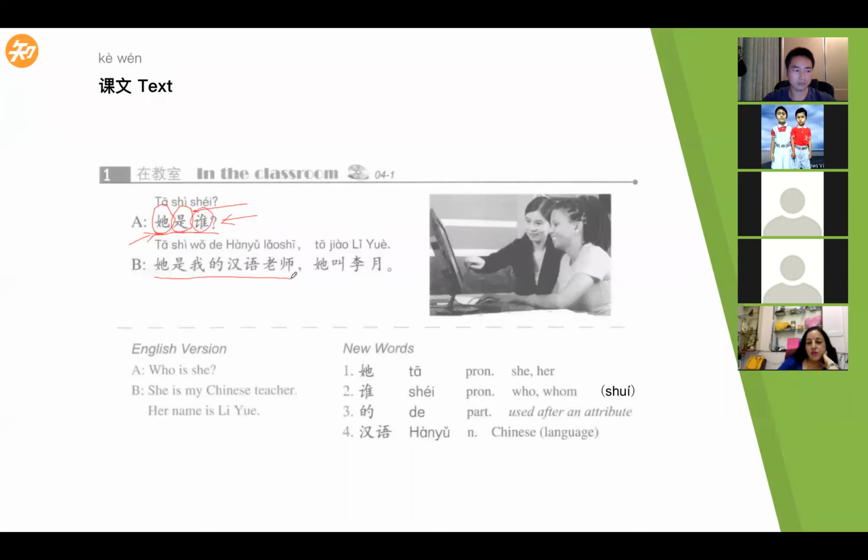他是我的汉语老师。 他叫李玉。 Okay. Now, these are just some terms. You just need some practice, but you already know speaking this fluently.